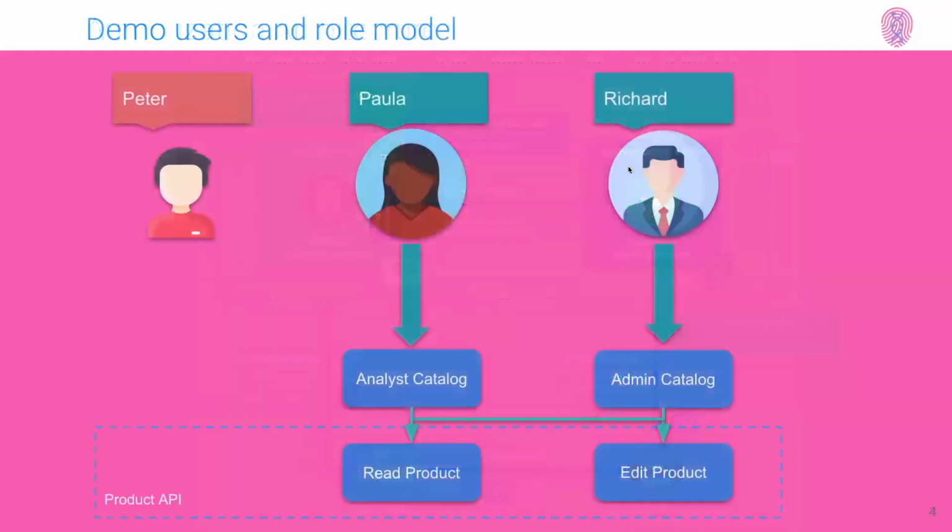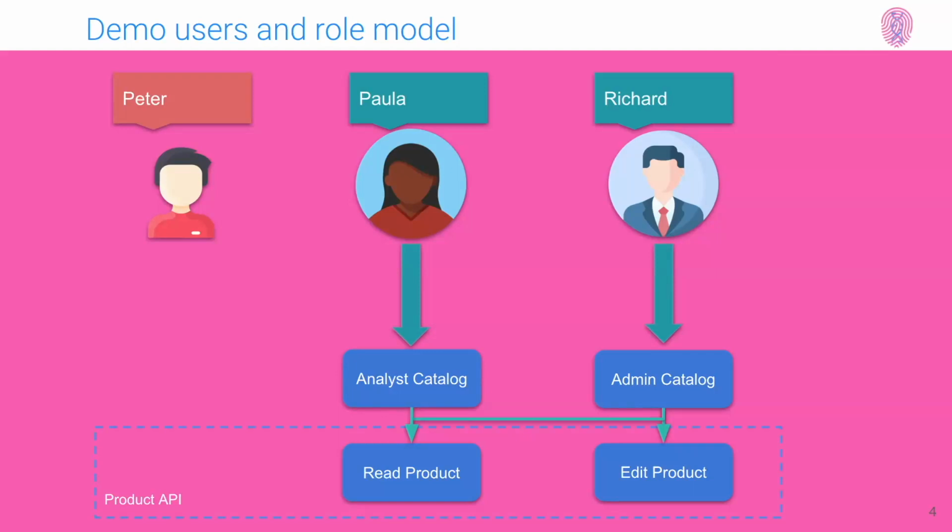Since we don't have a lot of time today, I already deployed and configured the platform. So we are going to see 3 users in the demo. Peter doesn't have any role, so Peter is not allowed to do anything in the store application. Paula is related to a functional role, which is the analyst, and the analyst role is related to the read product role, which is a technical role more related to the application.